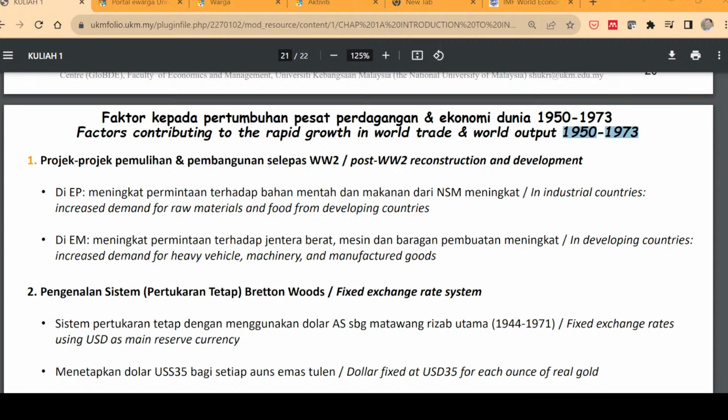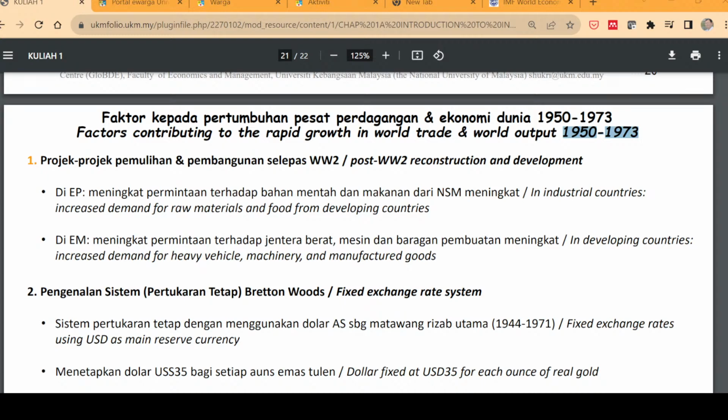Number one, after the war, reconstruction and development. Trade increased rapidly because of the need of the two countries.